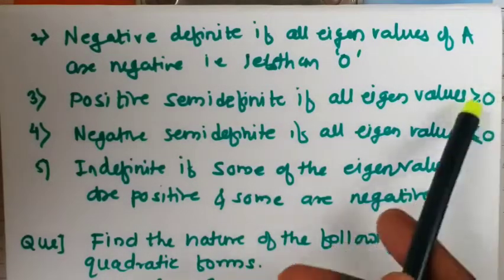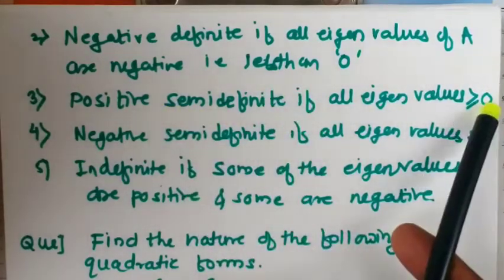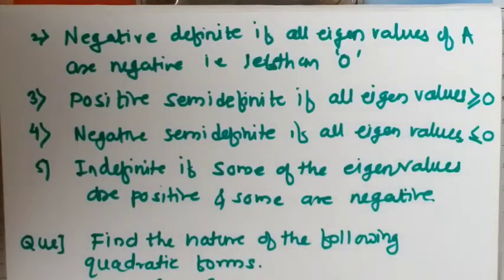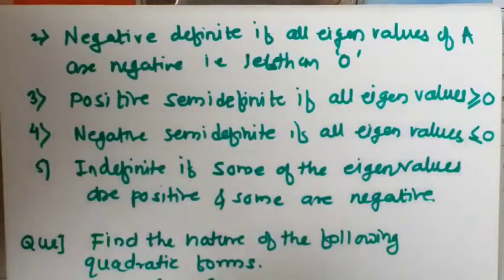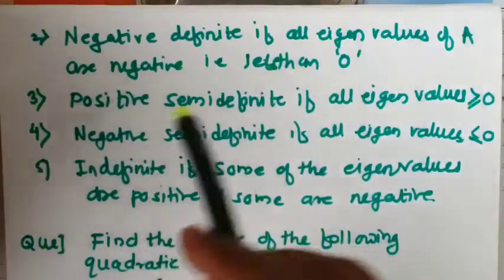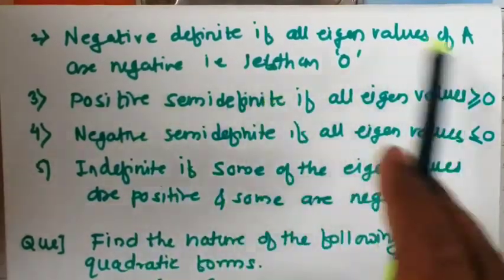It is quite similar to positive definite, we have just included 0 here. Means if you have some eigenvalue 0 and some eigenvalues positive, 0 doesn't have any sign, positive or negative. So if along with positive eigenvalues, 0 is also one of the eigenvalues, in that case that quadratic form can be called positive semi-definite.